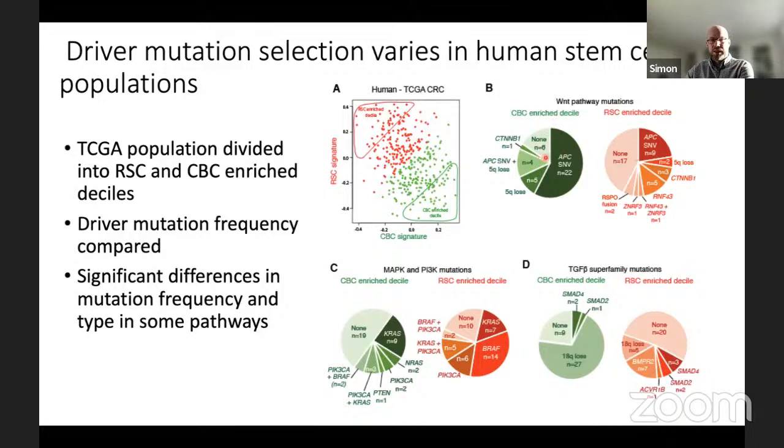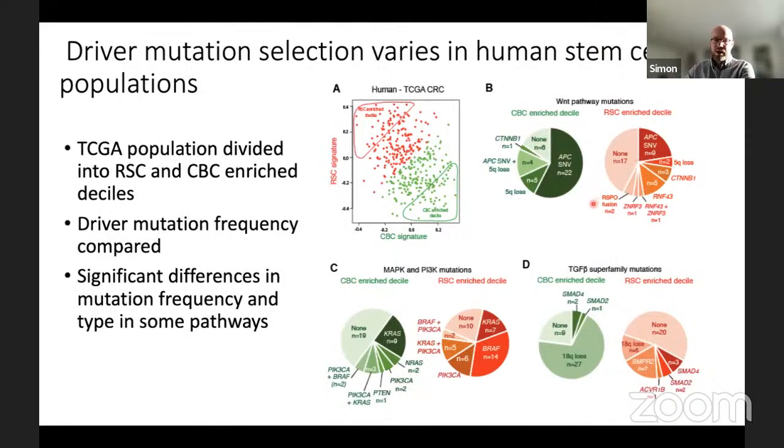And what we saw was really something quite different. So within the crypt-based columnar enriched decile, a vast majority, something like 3/4, had APC mutations. So we had the odd one here with beta-catenin, but almost all of them had ligand-independent, i.e. APC or beta-catenin, mutations in the Wnt pathway, with very few having no mutations in the Wnt pathway at all.